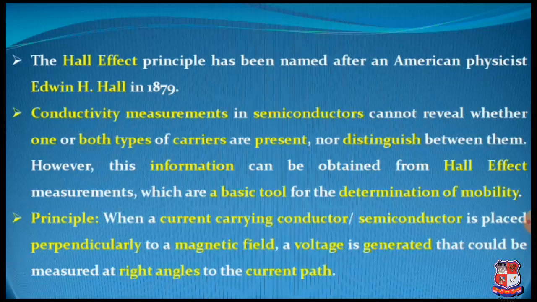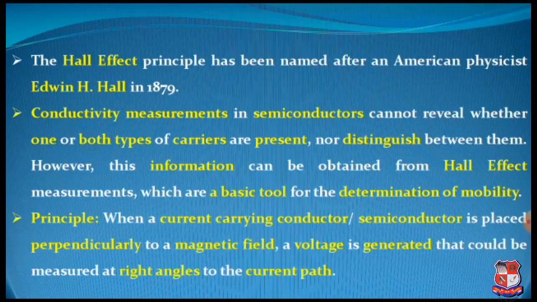When a current carrying conductor, or we can say semiconductor, is placed perpendicular to the magnetic field. This is very important. The angle between the semiconductor and the magnetic field will be 90 degrees. After satisfying this condition, a voltage will be generated that could be measured at right angles to the current path.